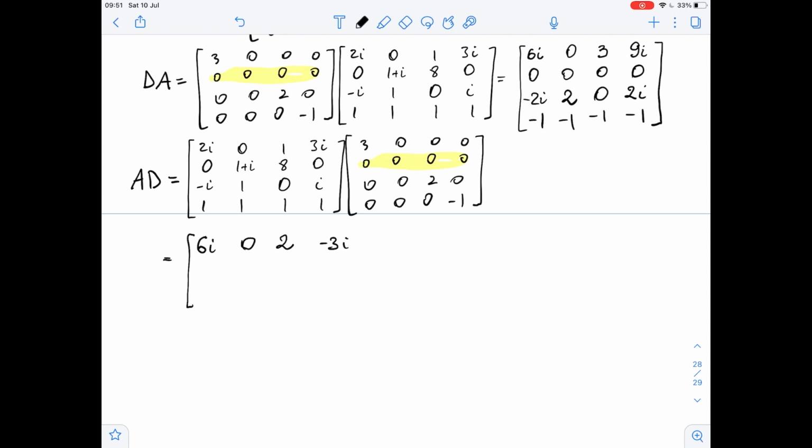In the next row, it's 0, then 0, then 16, then 0, -3i, 0, 0, -i, 3, 0, 2, -1. So this is matrix AD.